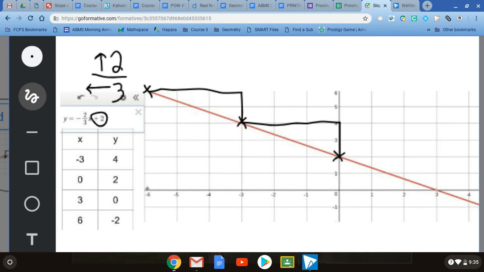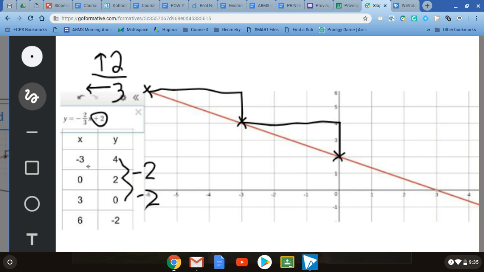The table, again, tells us the same information. 0, 2 is my y-intercept. Just like the function said it, my table's telling me my y-intercept as well. I'm also going to see the pattern in the table. My y's are going down by 2. So I'm decreasing by 2 on the y side.